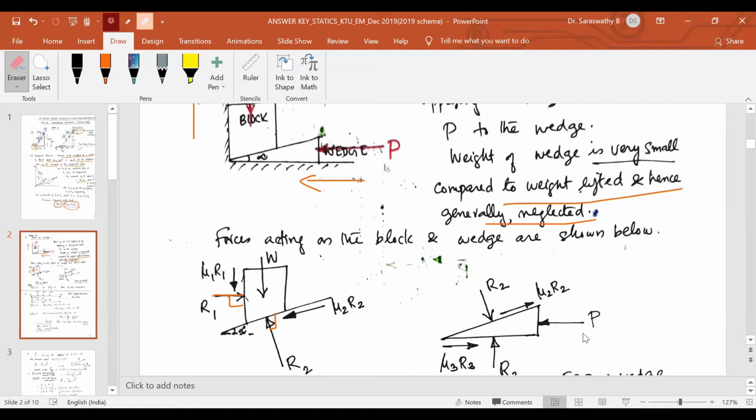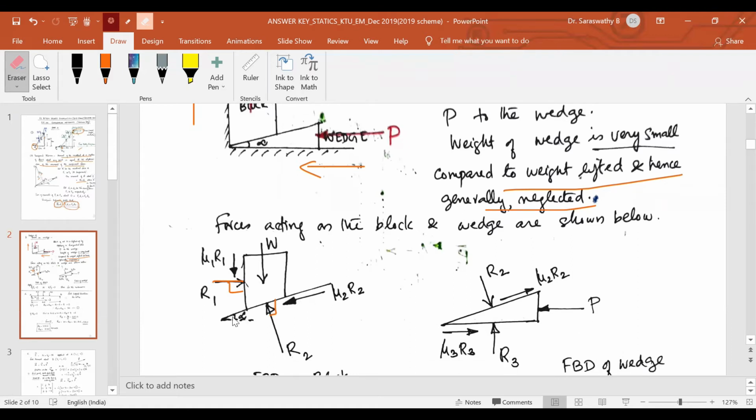Now coming to the wedge. In the wedge, if you consider this inclined surface, from the wedge, R2 is acting upward. So from the block towards the wedge, equal and opposite to this, there will be a force R2, the contact reaction from the block to the wedge. This frictional force here, it is downwards. Here the frictional force will be upward because the wedge moves towards left.